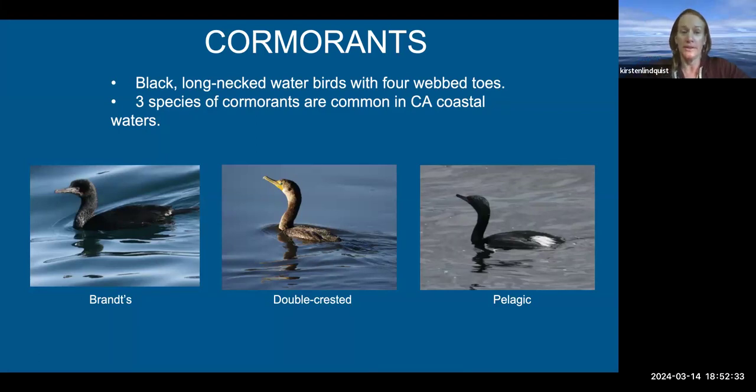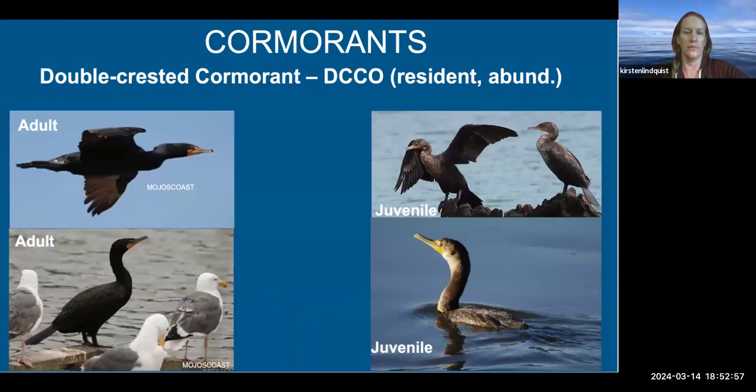So cormorants are dark, long-necked water birds with those 4 webbed toes. We have 3 species that are common in the California coastal waters. The Brandt's cormorant, double-crested, and pelagic. We'll go through each of those.